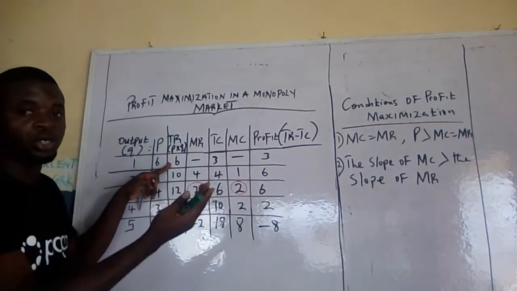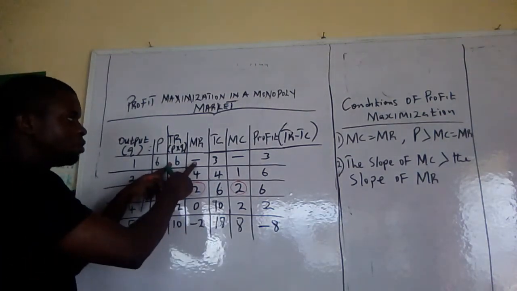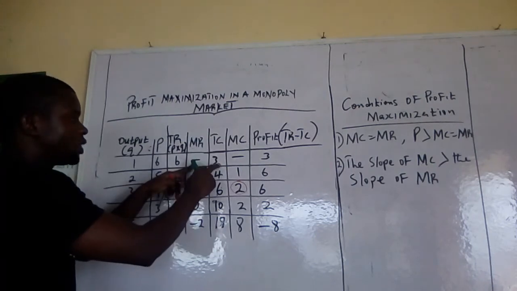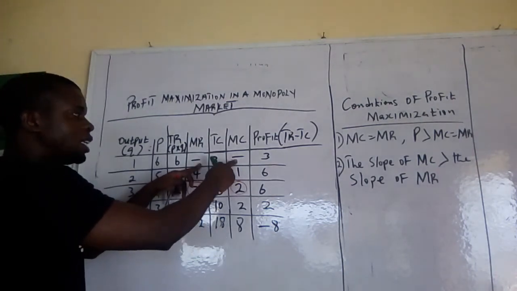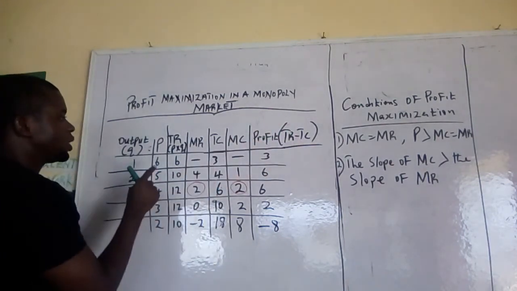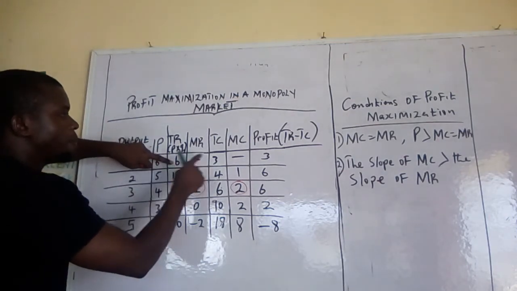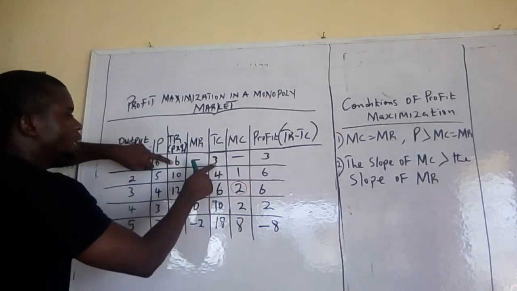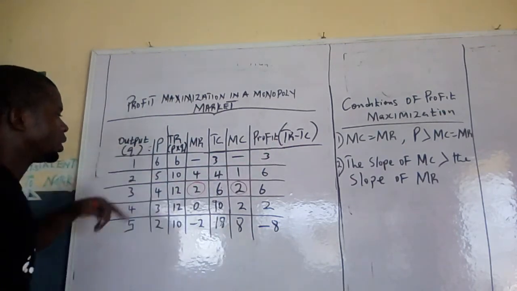If you don't have previous total revenue, there is no way you can have an additional. Then the total cost here is $3, with no marginal cost. Our profit is total revenue minus total cost, which is 6 minus 3, giving us 3.